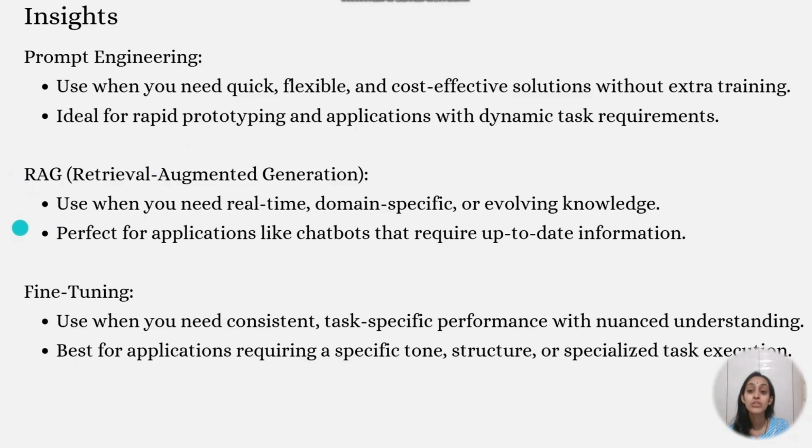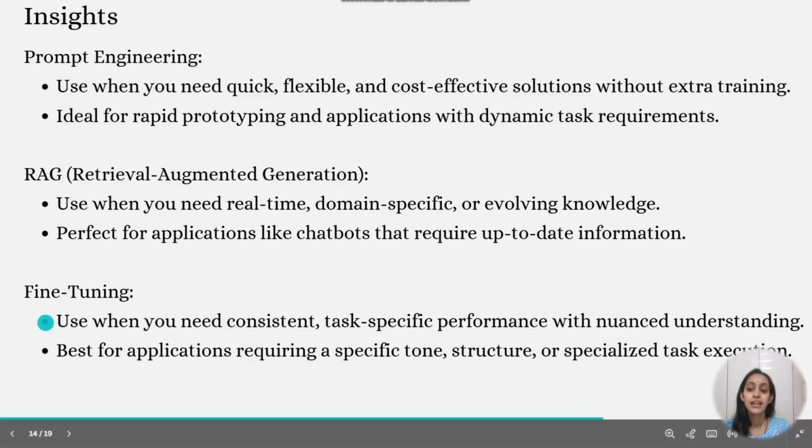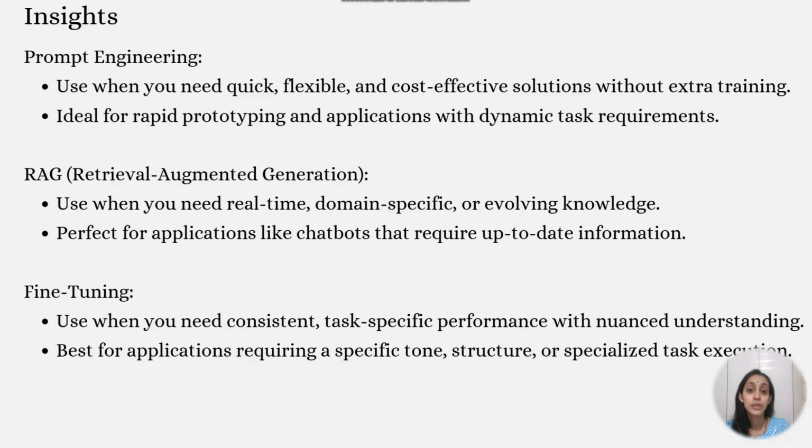Next, when we want to pass real-time, domain-specific knowledge to the language model, we can go for the RAG approach, where we can use prompt engineering along with RAG to elicit the best responses. And next is fine tuning. When we have custom, domain-specific data sets and want to fine tune the LLM and change some parameters, at that time we can go for fine tuning.